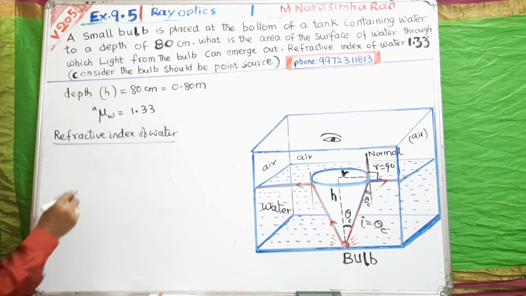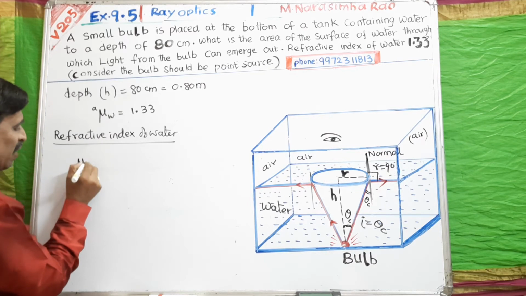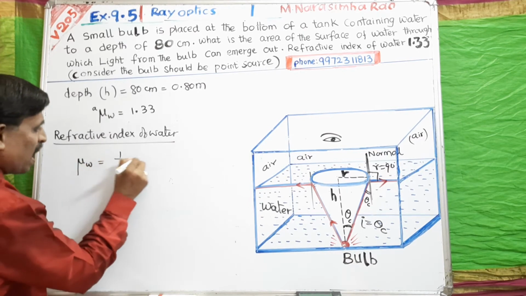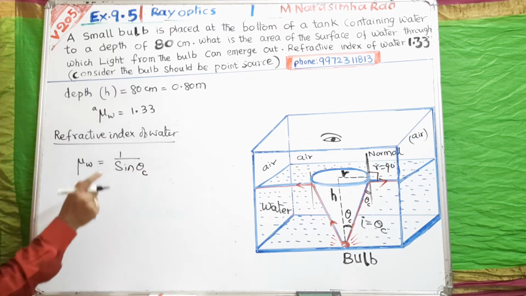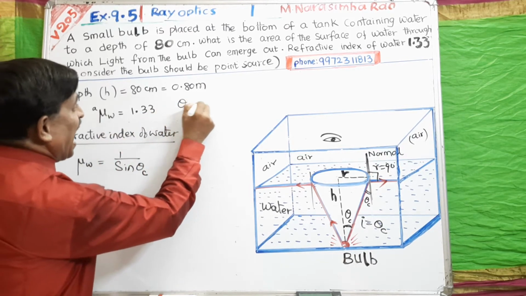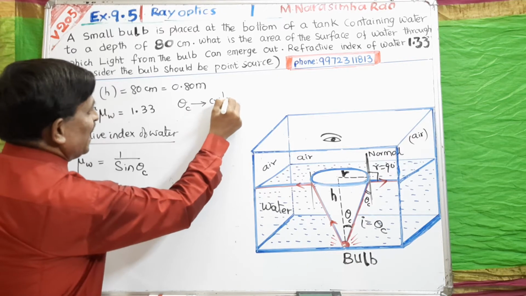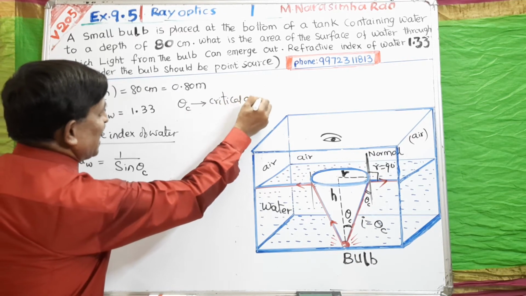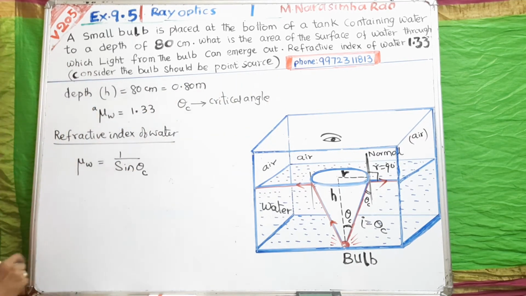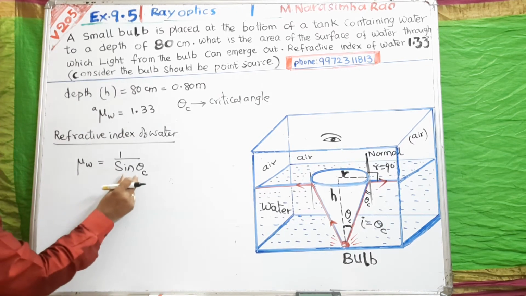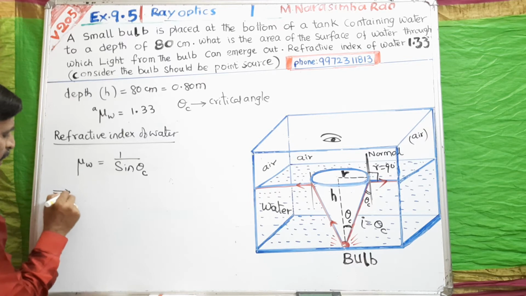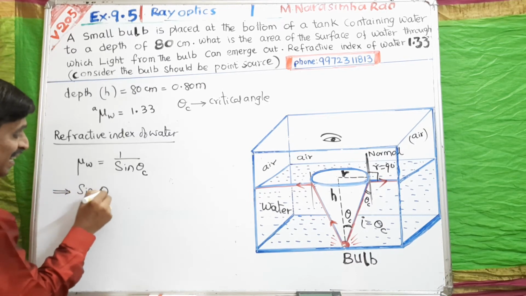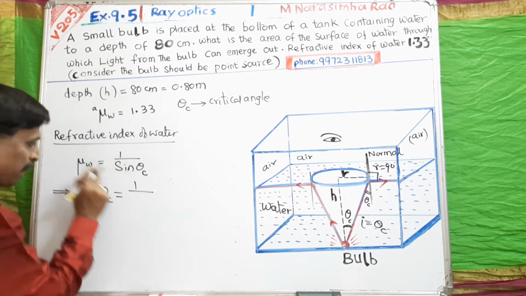We have one formula: refractive index is equal to 1 by sin theta c, where theta c is the critical angle. Now please listen here. Sin theta c comes to the numerator, mu goes to the denominator. That implies sin theta c is equal to 1 by mu.